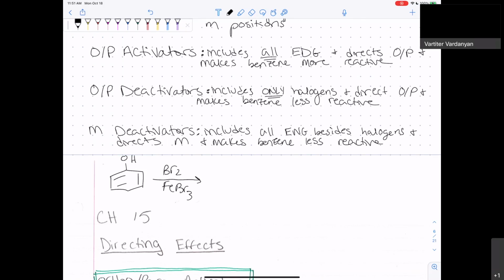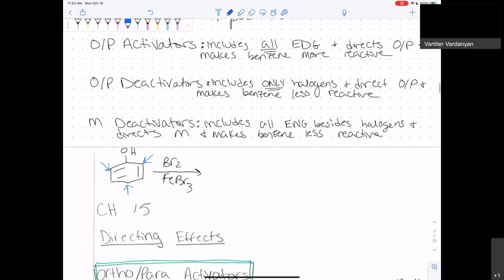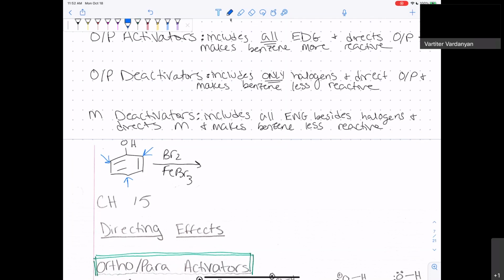What do we add to the benzene ring with these reagents? Just the Br, exactly. So, OH is going to direct where? Ortho or para, cool. So I'm going to draw an arrow to the ortho and para position, right? So the bromine is going to be added to one of those positions.